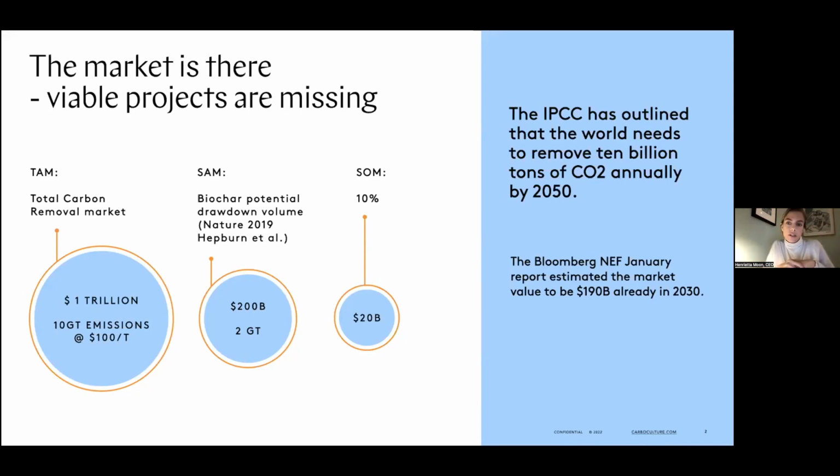And of course, then there's all the other forms of carbon removal as well to service that market. And this, of course, is if we actually manage to reduce our emissions. So lots and lots of implementation and infrastructure and financing and all sorts of work has to go into this if we are to meet these targets.